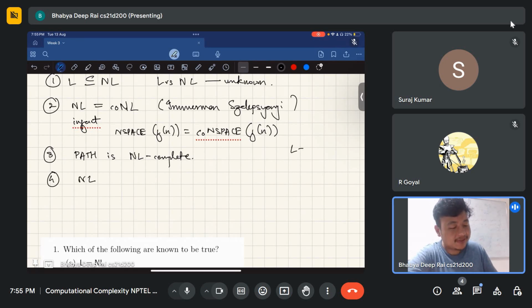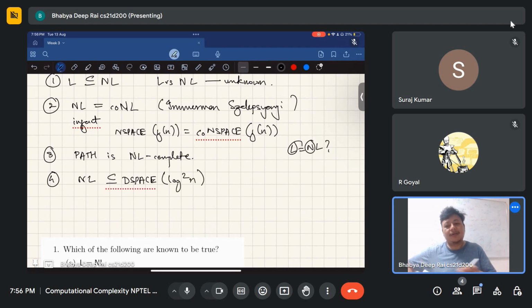Can you show that L equals NL? That is the first question. Well, you can do something close. NL is contained in DSPACE(log squared n), and this is what is called Savitch's theorem.